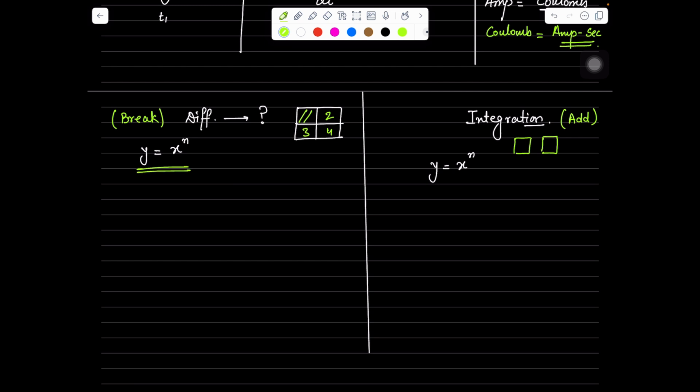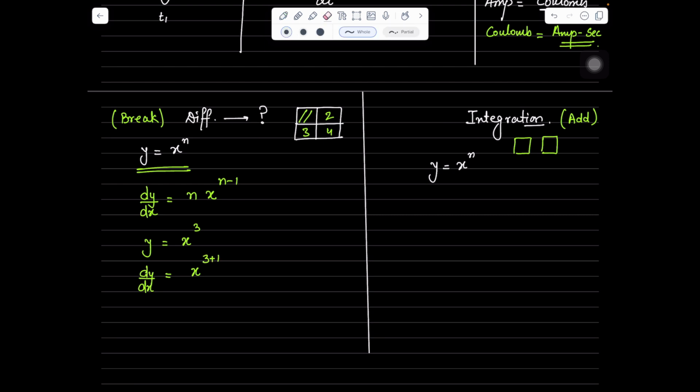Okay. Now we have a simple equation, solve it. If I'm differentiating y, dy by dx is equal to n, x raised to power n minus 1. The power shifts to the front, and we are reducing the power. Just take an example. Let's say y is equal to x raised to power 3. Solve. dy divided by dx is equal to x raised to power 3 plus 1.